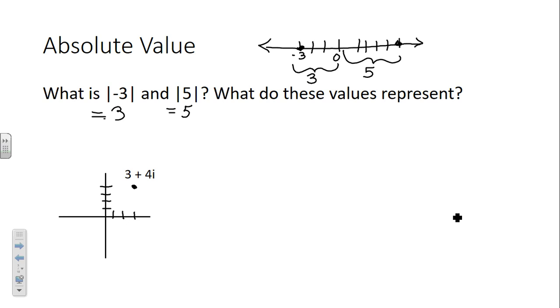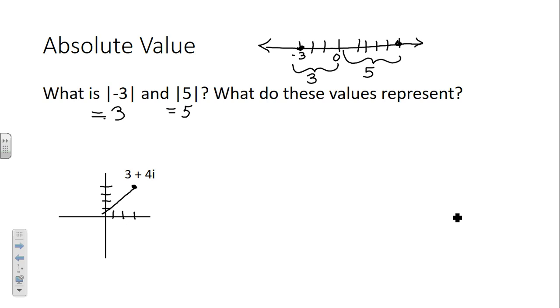Probably the distance from the origin. Good, we're now in 2 dimensions, aren't we? So instead of being on a number line and wanting to know how many steps away it is from a point, 0, we want to know how far away it is from the origin. Okay, so what is our answer going to be here? How are we going to find it?